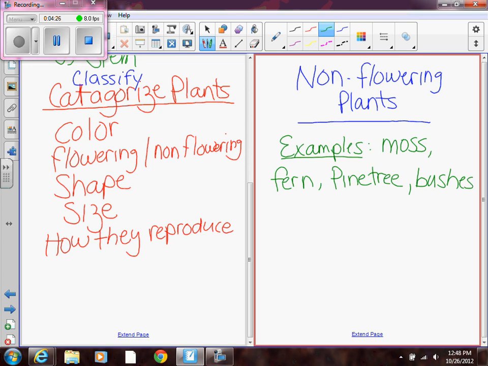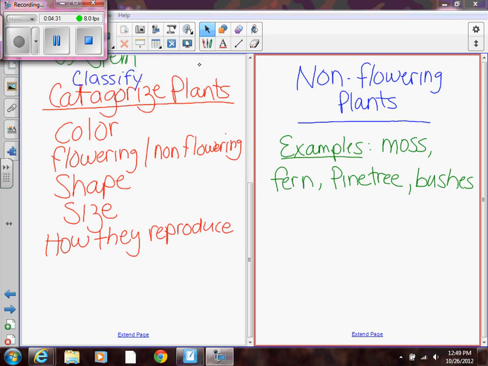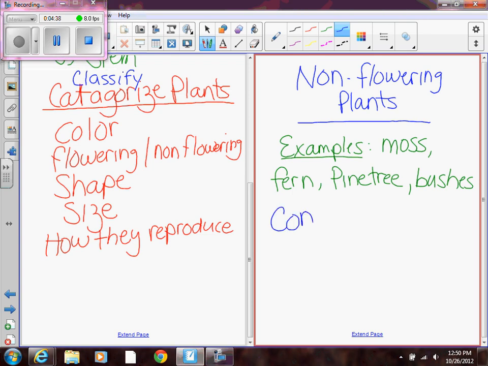Okay. These are some examples that we know. Now we need to talk about what makes them coniferous. C-O-N-I-F-E-R-O-U-S. Coniferous.